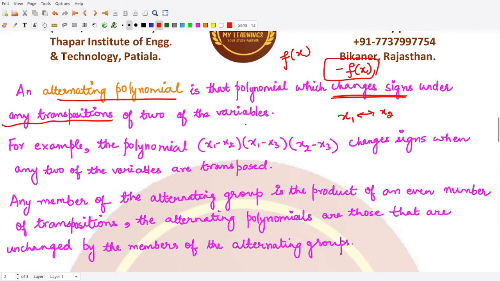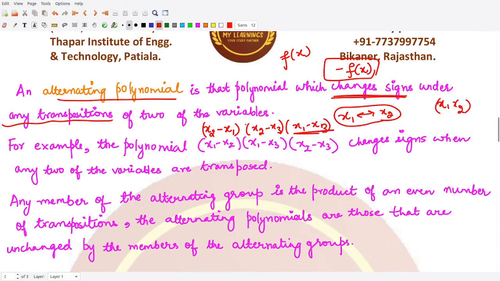As an example, consider the polynomial (x1 minus x2), (x1 minus x3) and (x2 minus x3). Now suppose we apply the transposition where x1 changes to x2 and x2 changes to x1, which you can write as (x1 x2). Here your polynomial would become: in place of x1 we have x2, in place of x2 we have x1, so the first term is x2 minus x1, x3 stays as such, and the last term x2 minus x3 becomes x1 minus x3.